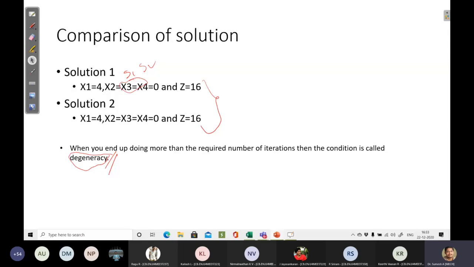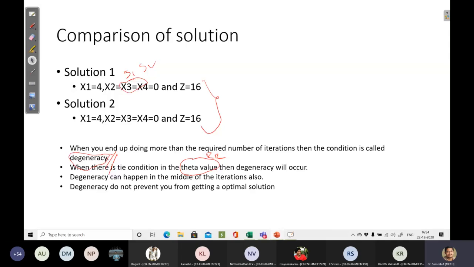When there is a tie in the theta value, degeneracy occurs. Theta I have not taught you yet; we have seen only the solution constant. So when there is a tie in the replacement ratio, then degeneracy will occur. Degeneracy can happen in the middle of the iterations also. Degeneracy does not prevent you from getting an optimal solution.